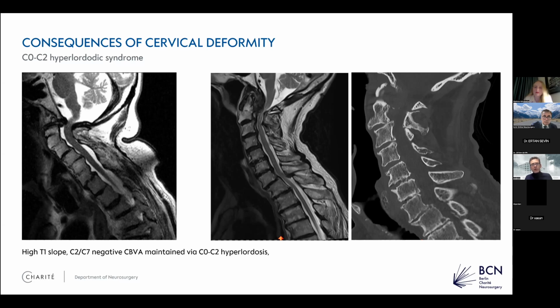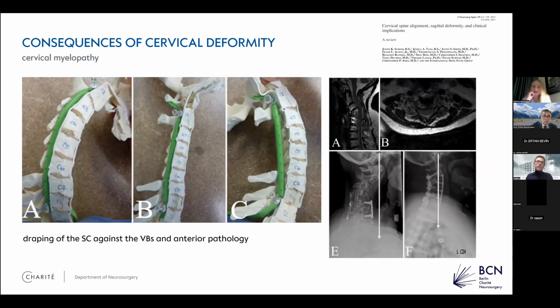And number three, many of these patients have myelopathy. There are two ways how patients might acquire myelopathy. Number one is they have osteophytes and they have a stenosis in combination with a deformity. Then they obviously have a compression of the spinal cord. But some of the patients might develop myelopathy only by cervical deformity because the spinal cord gets stretched over the kyphotic cervical spine.